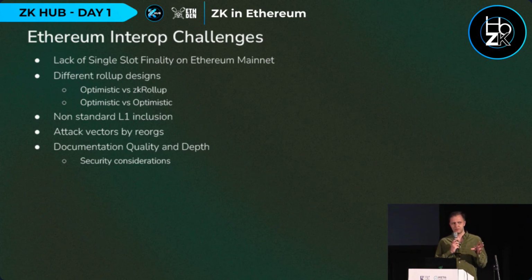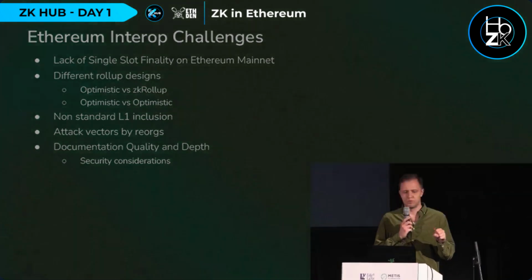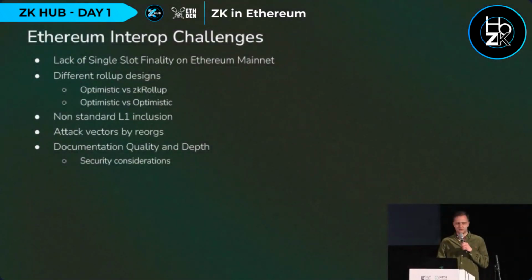And we also need to have a different view between optimistic rollups and ZK rollups. So optimistic rollups do maintain the capability to reorg. A ZK rollup design has harder finality guarantees because they don't have the built-in challenge period, and for that reason, transactions have a quicker finalization.